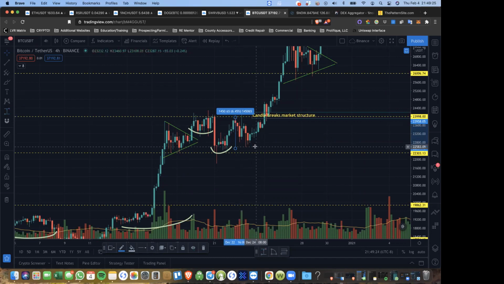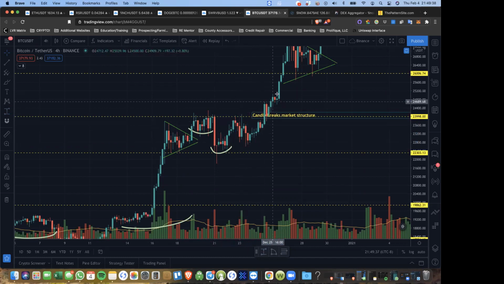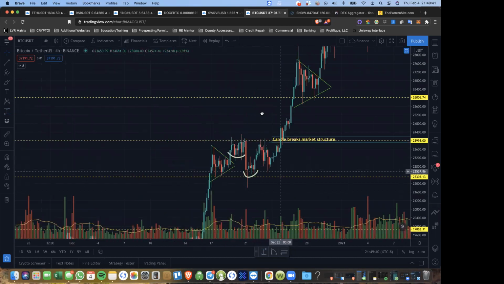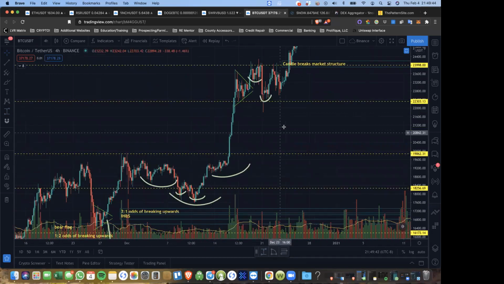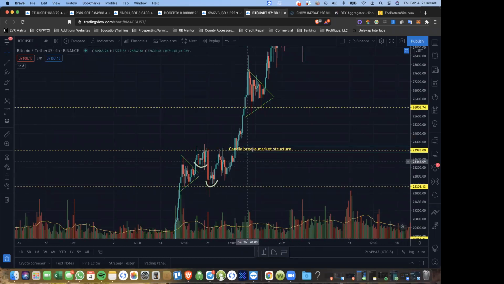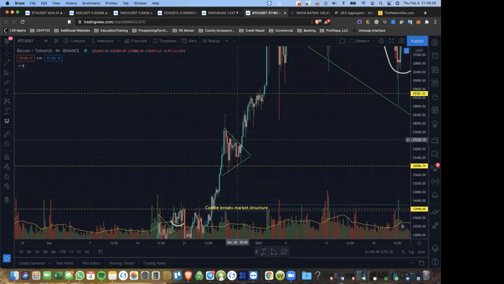But the thing is you should have bought right here. You would have saved 4%. So you would have gotten back in, you would have made 2% because you bought back in right here. And then you were able to break through. So you don't want to sell in these moves up. When Bitcoin's just going crazy like this, don't sell here. Don't do these little scalps, because look at everything else you're going to miss here.